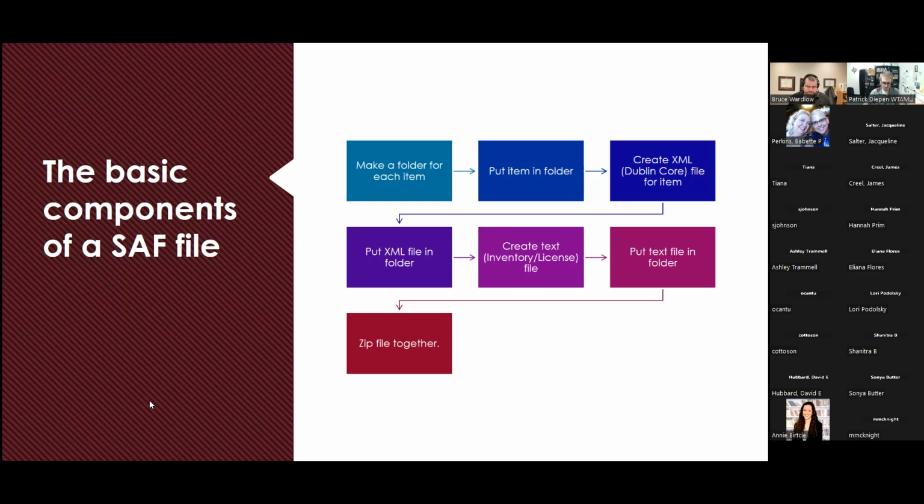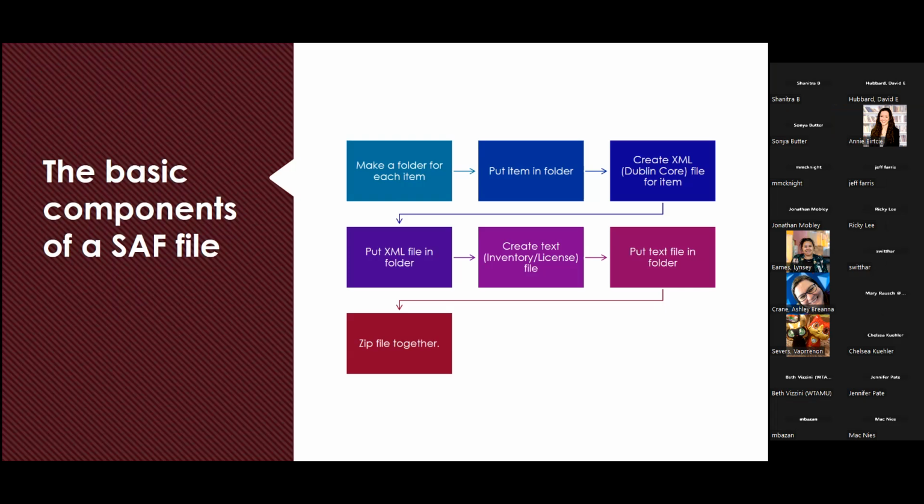called the Prairie. Basically, what we needed a tool to do, since we were unable to use the ones that were out there already, is to make a folder for each item, put the item in the folder, create an XML file with all of the metadata, primarily Dublin Core, put that XML file into the folder, and create a text file that has the inventory of everything in that record and the license, put that text file into that folder, and then zip the entire folder together.